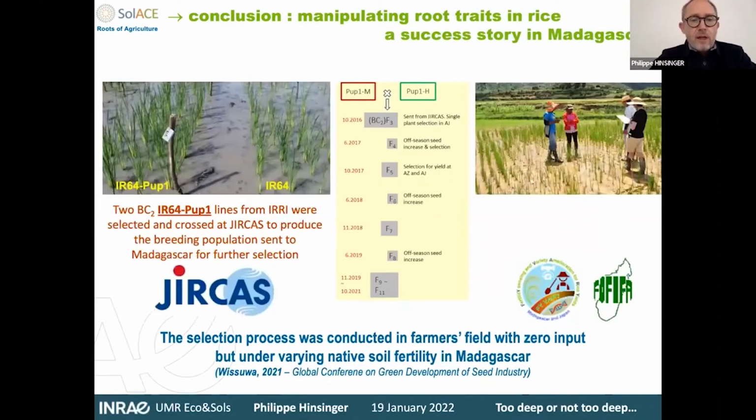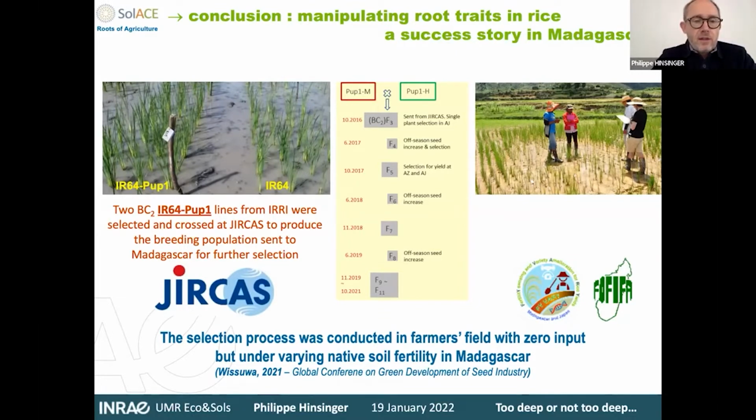And to end up with, coming back to this success story of Matthias Wissuwa, with very recent results that he showed at the conference at the end of last year. What they actually did with their PUP1 genotypes is that they made some backcross lines derived from IR64, which is a very common variety, especially widely used in Madagascar.